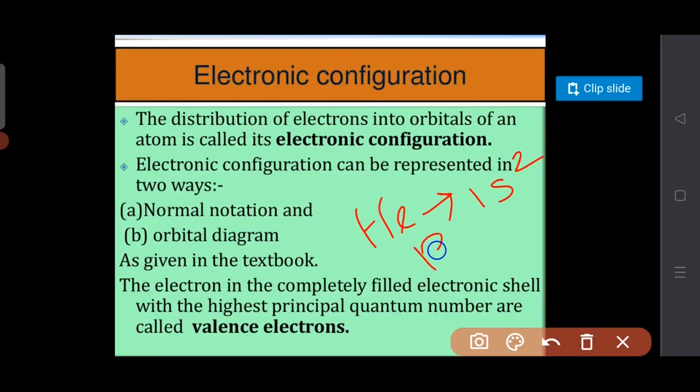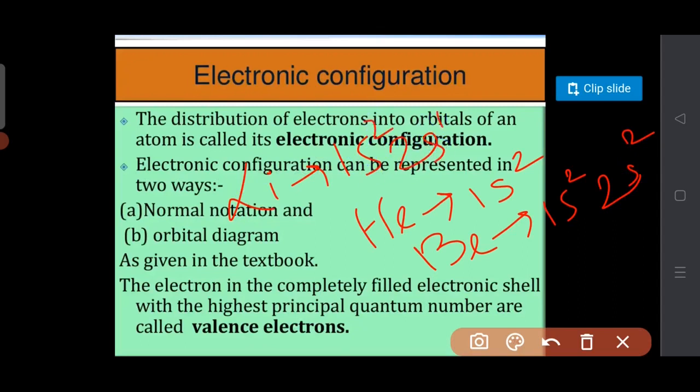After that beryllium: 1s2 2s2. Lithium we will write as 1s2 2s1 because 3 is the atomic number; helium has atomic number 2, beryllium has atomic number 4.